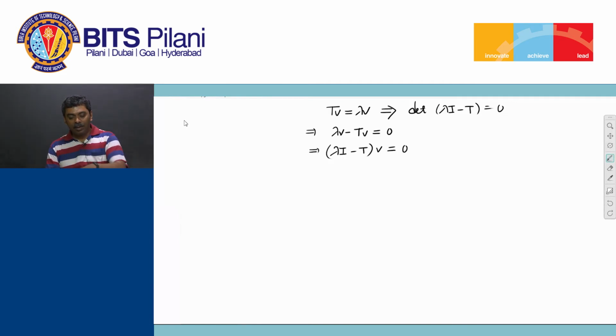Now let's take a moment and see what this really implies. When we are computing the eigenvalues and eigenvectors, we are essentially looking for non-trivial eigenvectors. This particular equation will be satisfied when v is equal to 0, but I'm not interested in that solution.